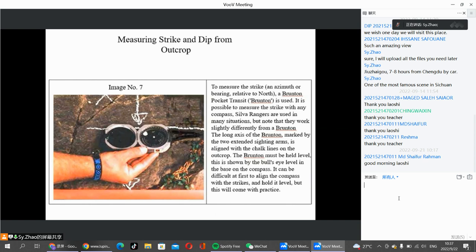This is shown by the bull's eye level in the base of the compass. It can be difficult at first to align the compass with the strike and hold it level, but this will come more familiarly with practice in the field.